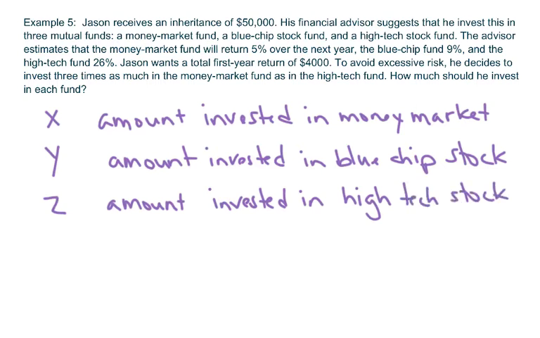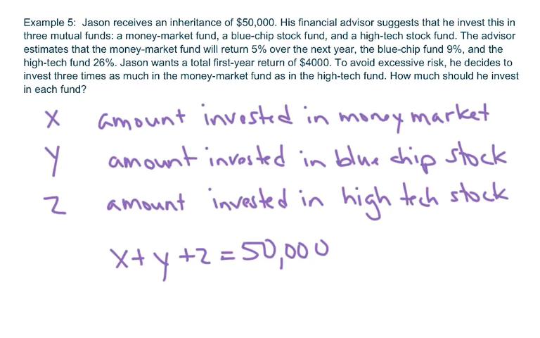So we know that the total amount he has to invest is $50,000. So x plus y plus z is going to equal 50,000. That's going to be one of our equations. The second equation has to do with what percent of each fund he's going to get in a return.